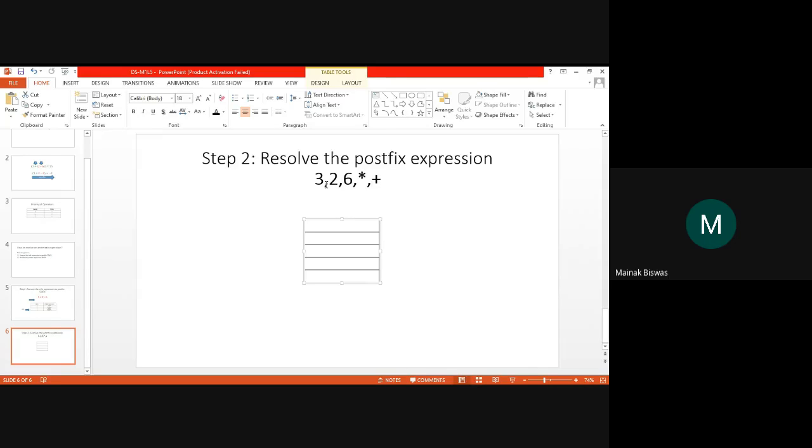The first thing that we get is an operand, so we push the operand first. So 3 is pushed.